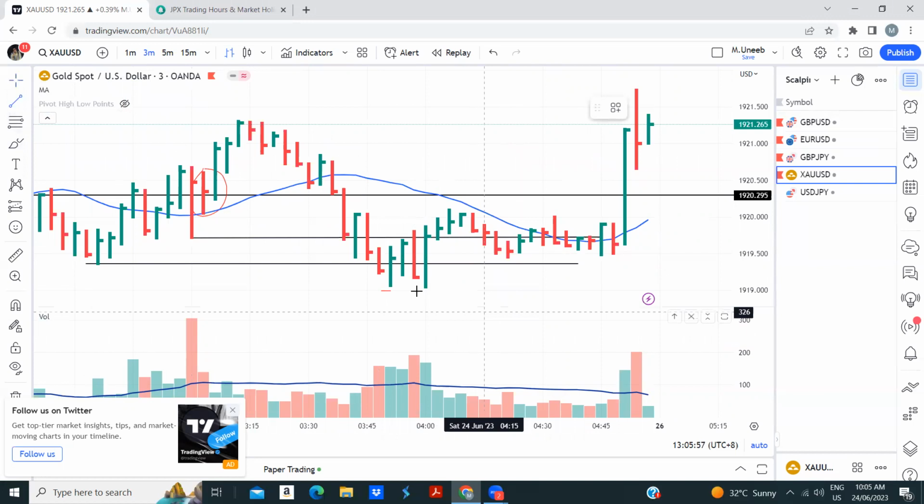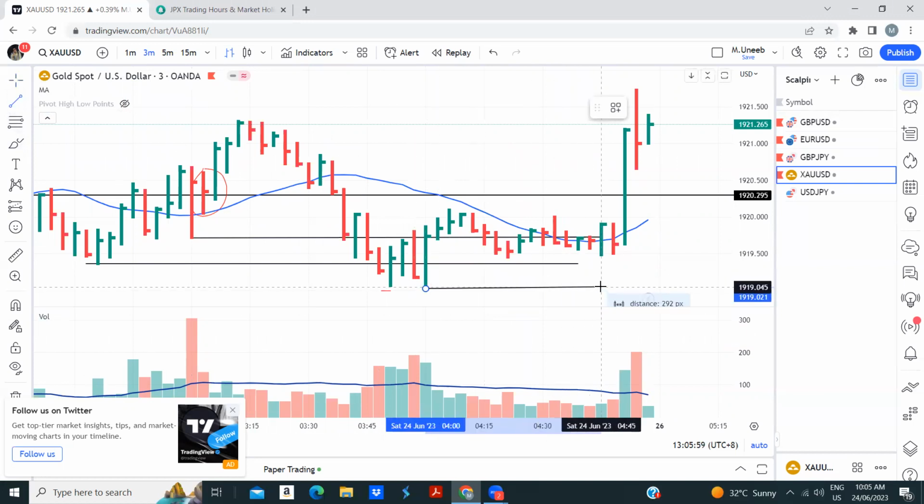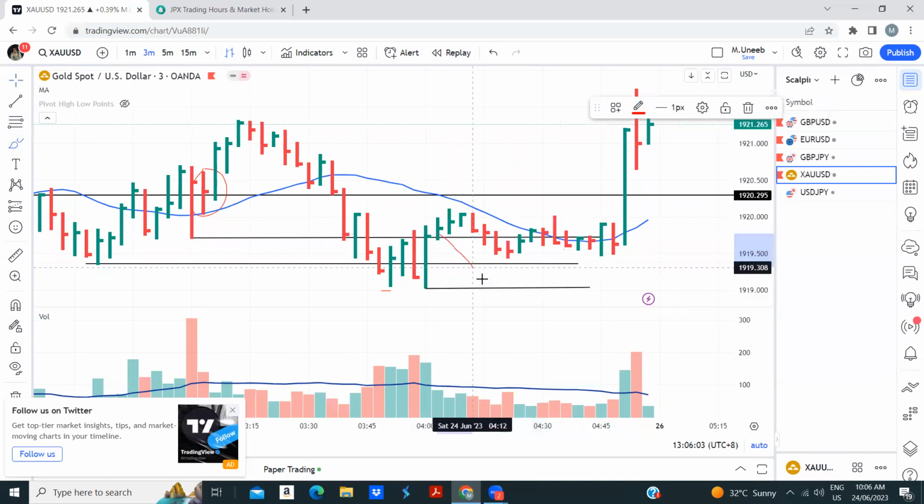There are two things here. The first thing is the price can come back and test this region and go up. The second one, if there is any technical level, like this one we found over here, the price would come back and test this technical level and go up.